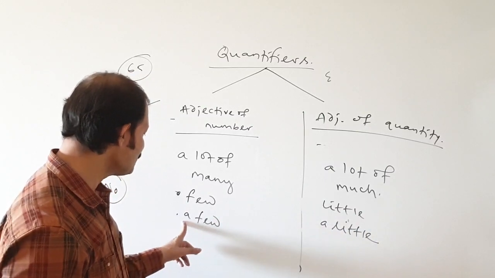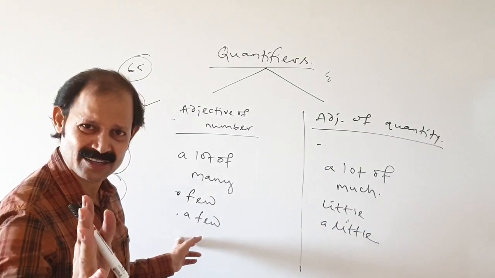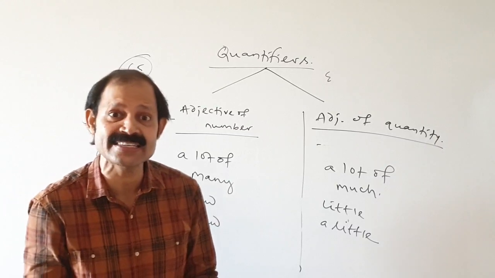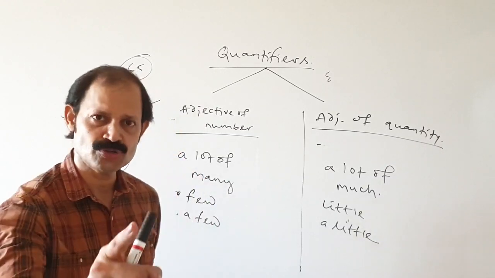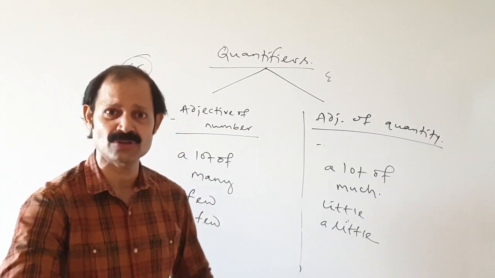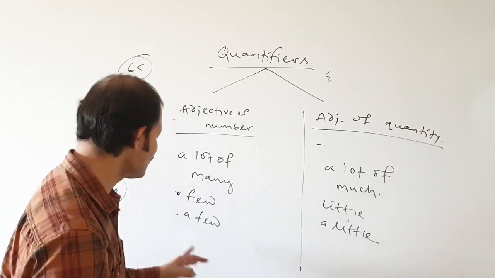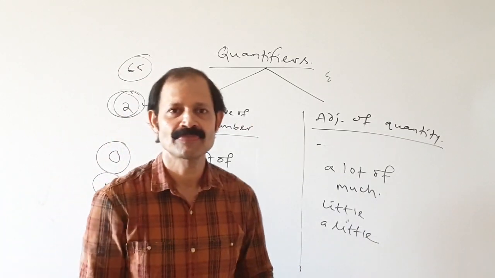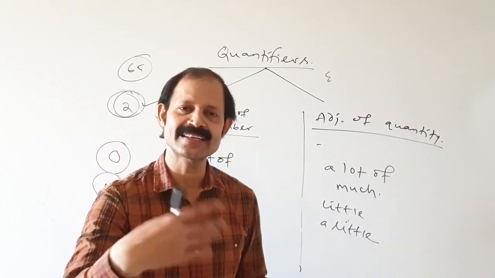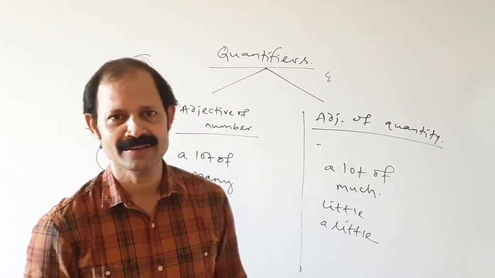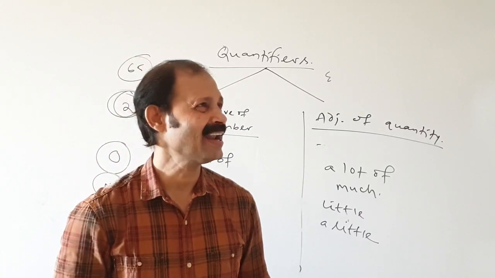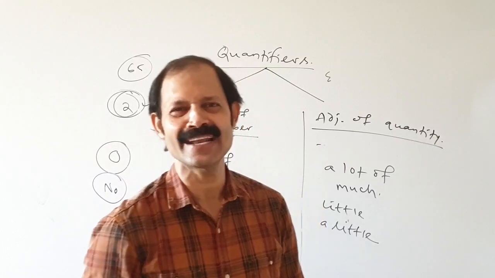In this case, because your expectation was that no spectators should be there, but you found half of the seats occupied, you should tell it in a positive way. You should say a few spectators are there. A few spectators were there watching the play. Perhaps this example I could not narrate in a proper way.